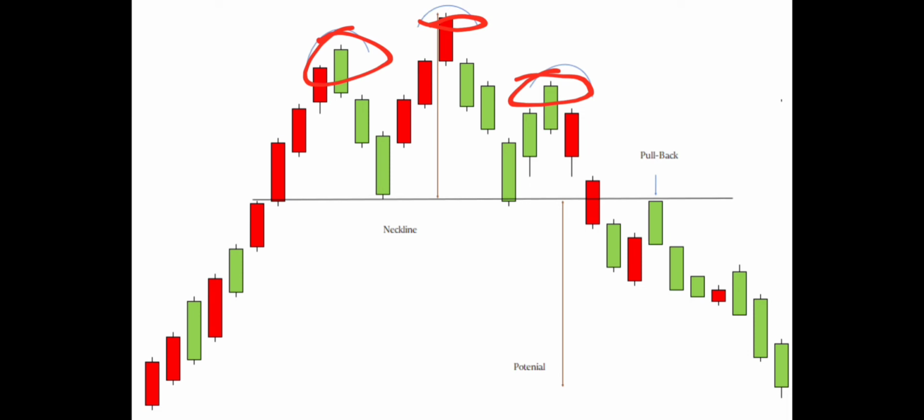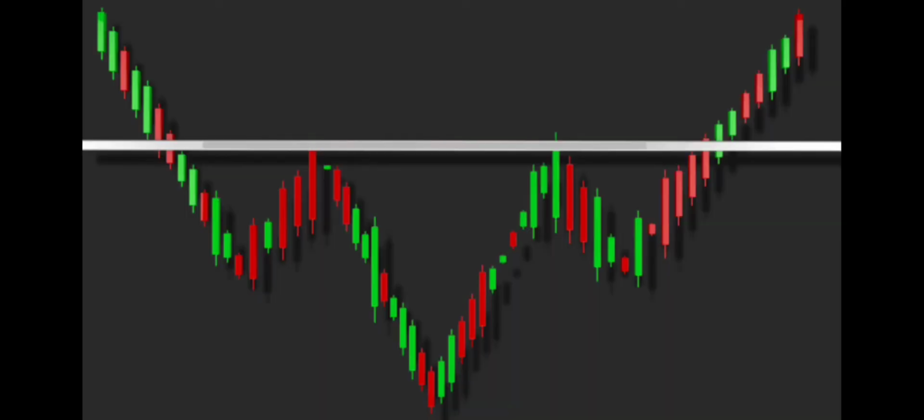So when a chart pattern is formed at the resistance, it is called a normal head and shoulders. But if it is formed at the support of our chart, it is called an inverted head and shoulders.